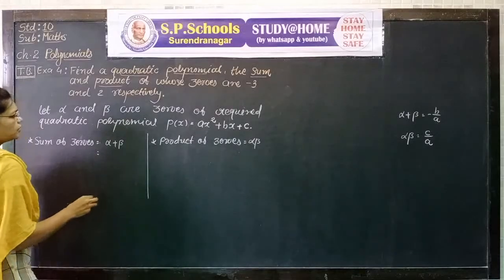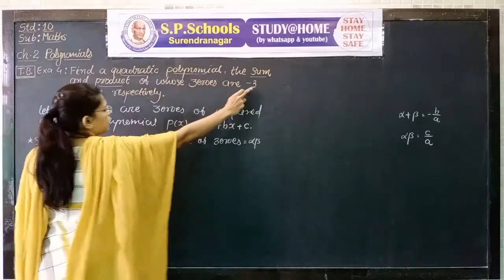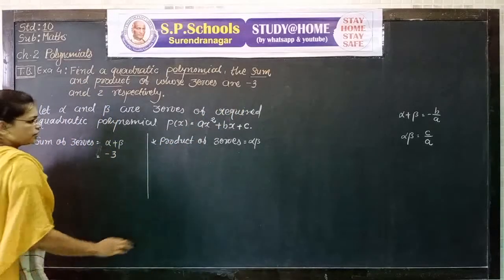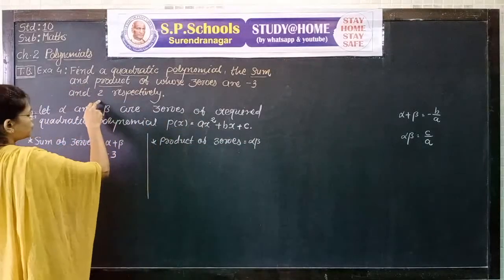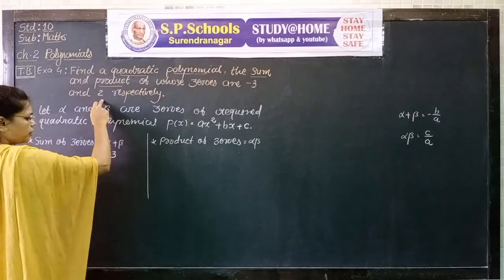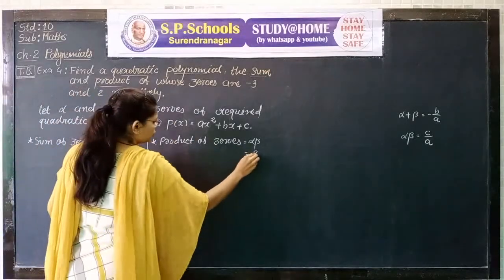In this question, the sum and the product of zeros are given. Alpha plus beta is -3, and alpha into beta is equal to 2 respectively. First is the sum of zeros and second is the product of zeros. Alpha into beta, the product of zeros, is 2.